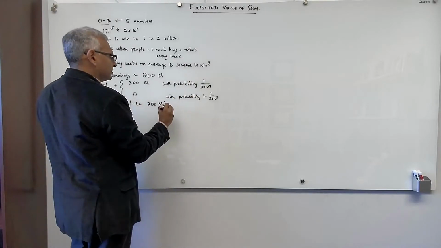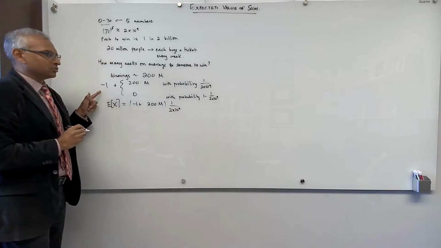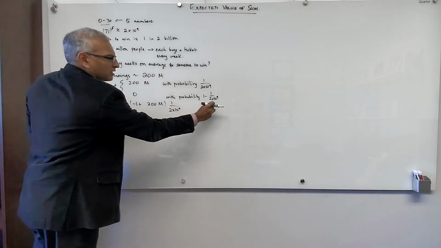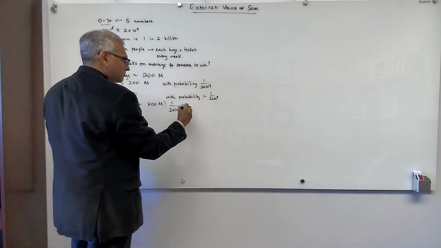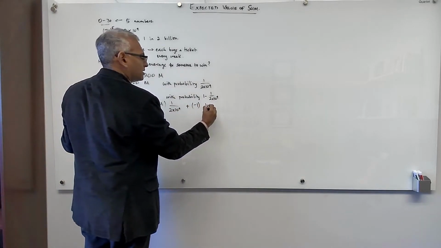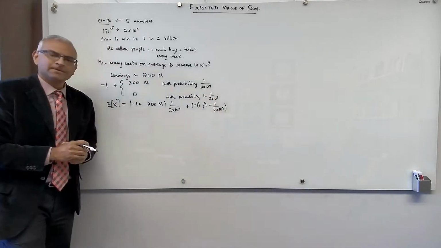And the amount that you have won is minus 1 with an overwhelmingly large probability of 1 minus 1 over 2 times 10 to the 9.